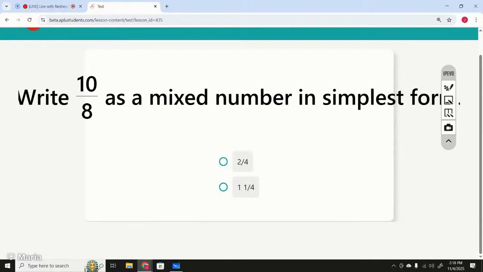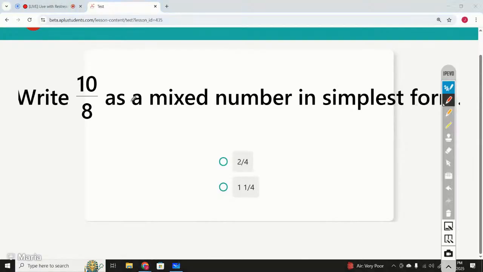Write 10 by 8 as a mixed number in simplest form. 10 over 8. 8 times 1 is 8. So 10 minus 8 is 2. That is 1 whole 2 over 8.